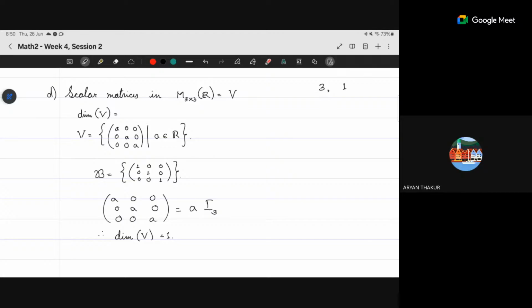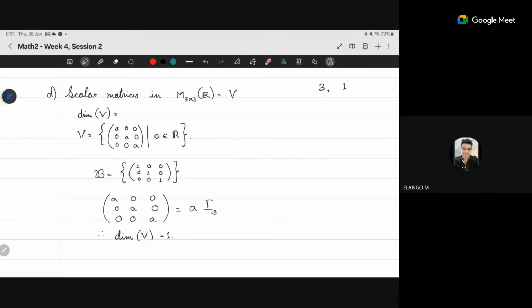But what about diagonal matrices in n cross n? All the diagonal entries. How many diagonals are there? Yeah, how many are there in n cross n? Whatever that n is, right? So if I have n cross n, this n number of diagonal elements will be there, and all of those are sort of free variables. So you can explicitly write down a basis for all of these things.